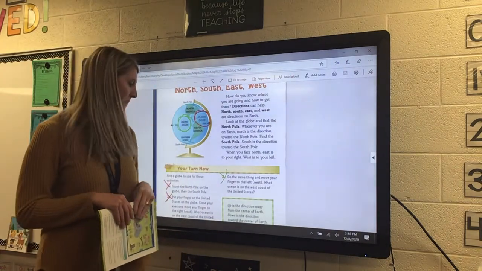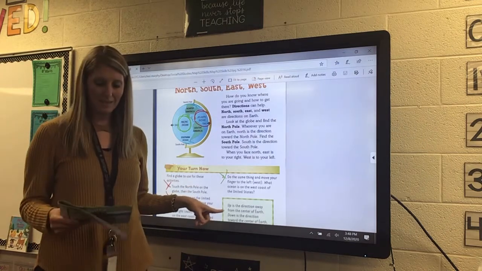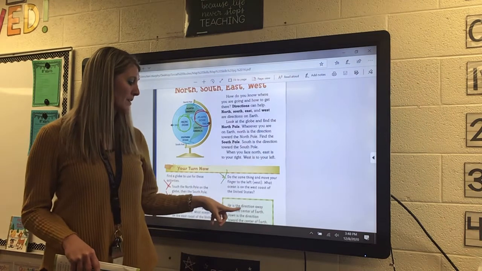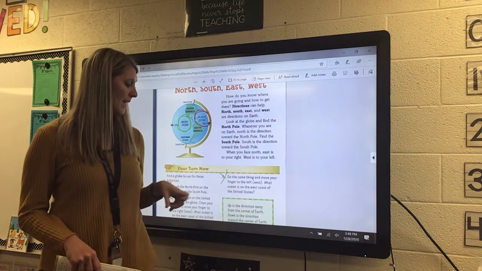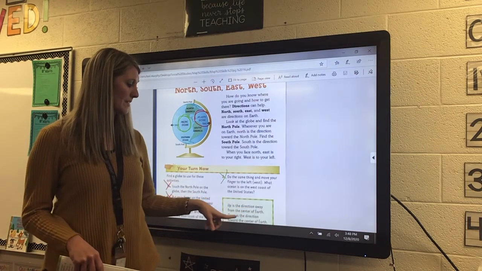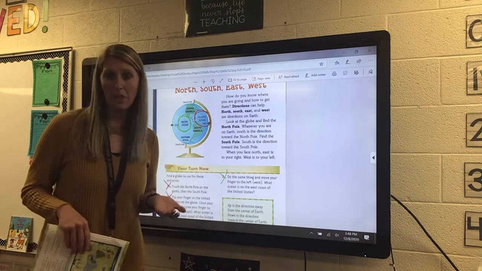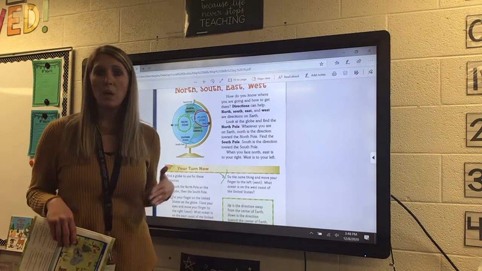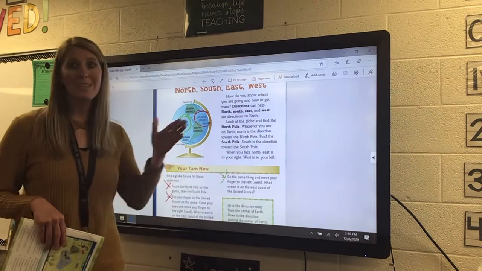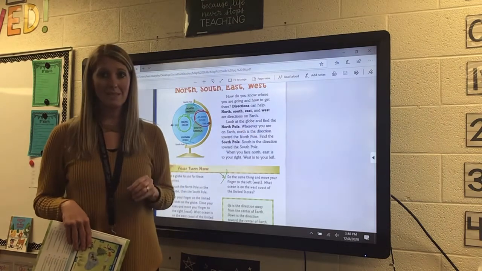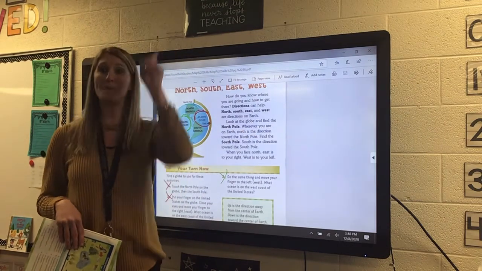Now, in the box, it says, up is the direction away from the center of the earth, and down is the direction toward the center of the earth. So when you're on earth, which we're all on earth, we never say we want to go up. Like, let's say I want to go to the cities. Mrs. Murphy's not going to say I'm going to go up to the cities, because up means I'm going to go up to the sky.